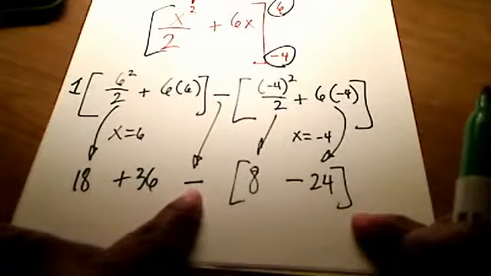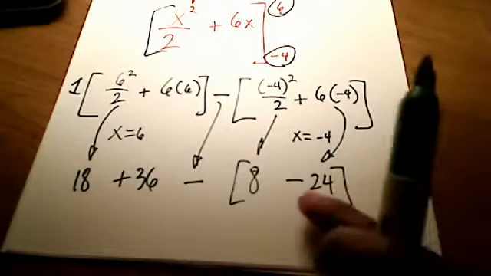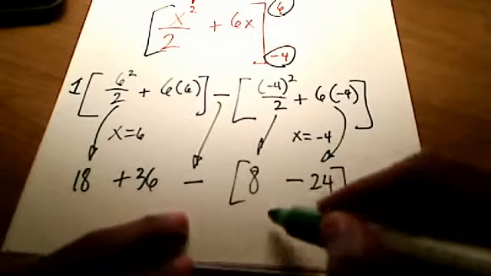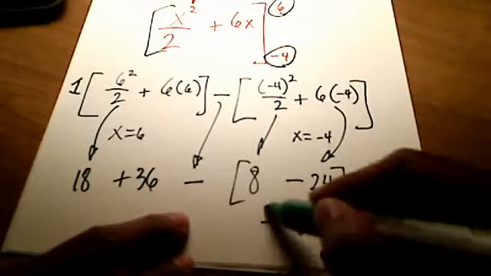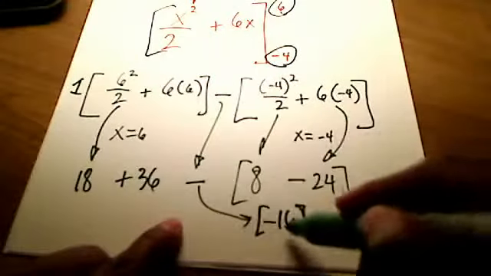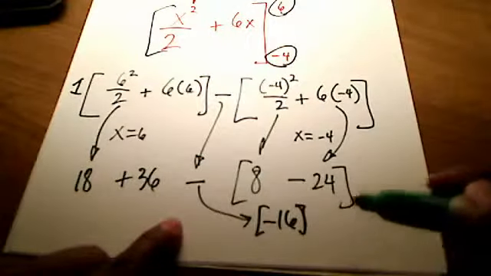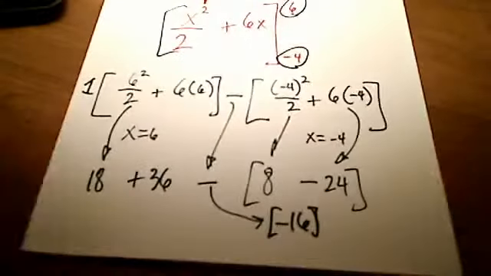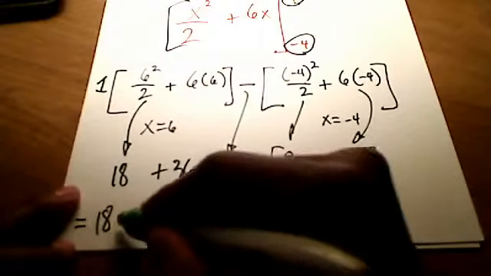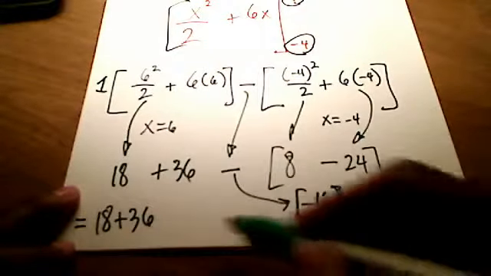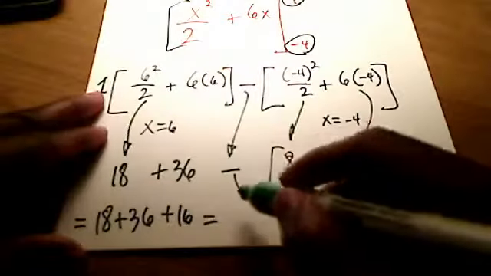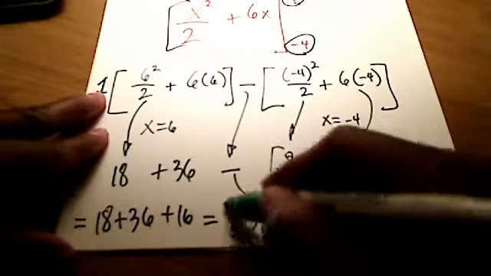If you want to work this out, you can do 8 minus 24, which is just a negative 16. But this negative 16 has a negative sign in front of it, so this negative changes that 16 to a positive. So my final answer is 18 plus 36 plus this 16 over here, giving me a total of, hey, isn't that a total of 70?